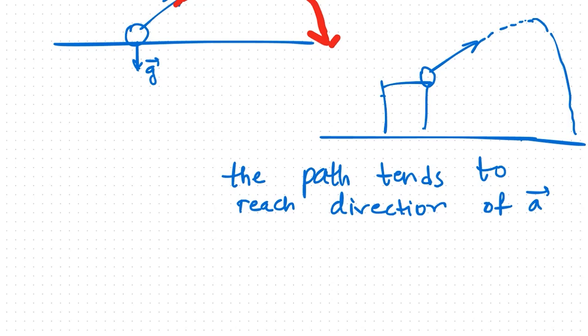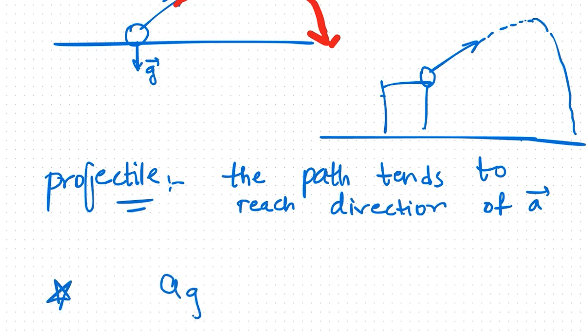So now that we understood how the path will be, these paths are called projectiles, projectile path. And acceleration due to gravity is constant.